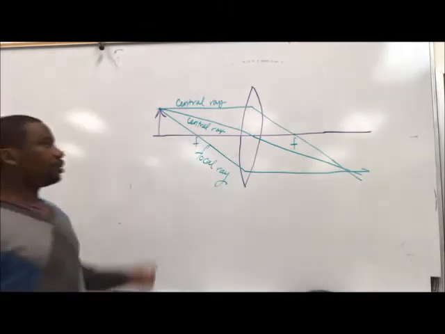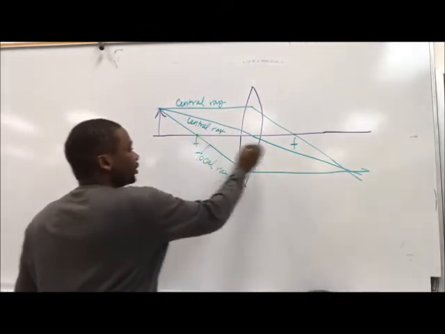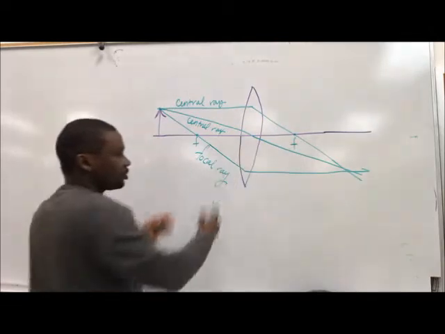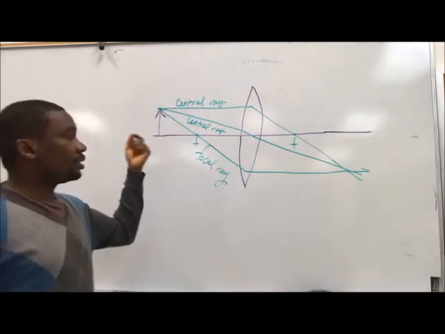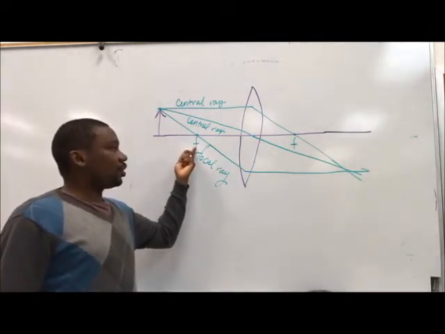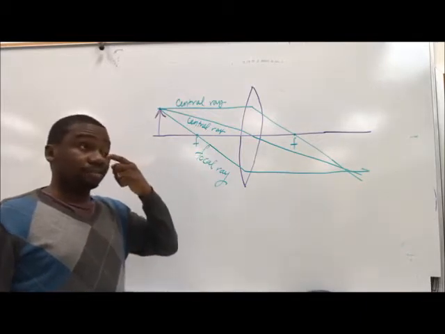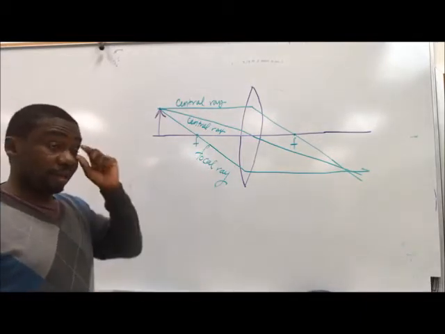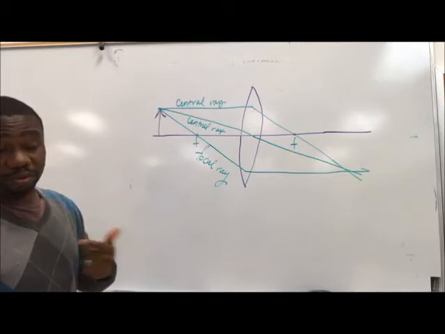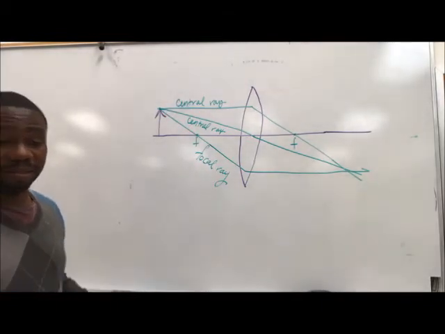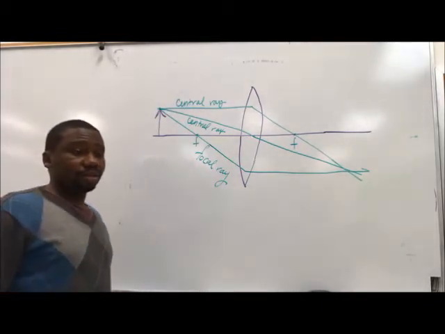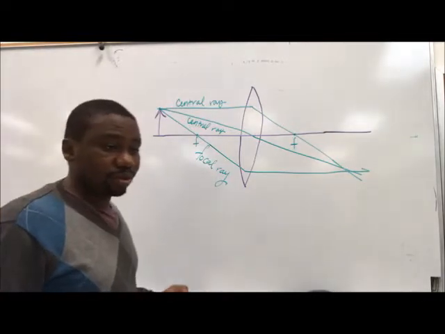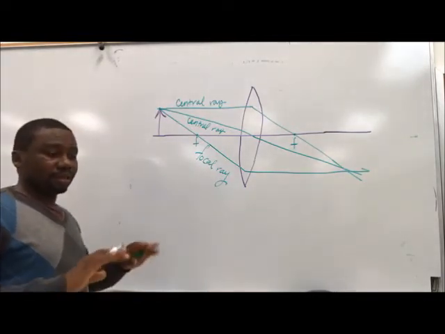The focal points before and after the lens that are equidistant from the center of the lens, these focal points are the spots where you get the best image. It's just like for those of us who wear lenses, usually there's a distance at which you get the best image.